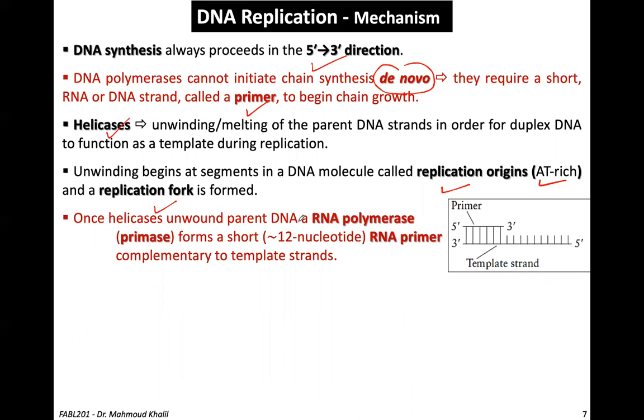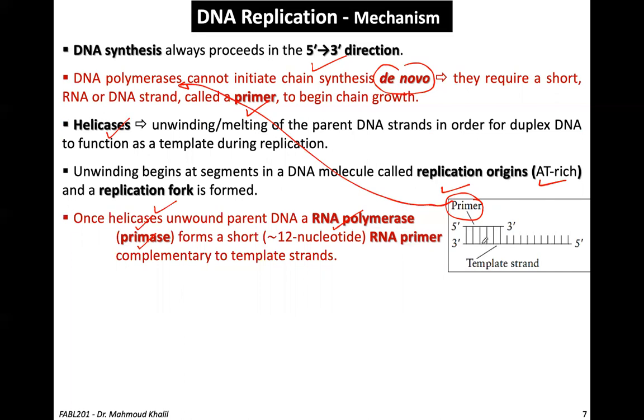So, as we said, a helicase will come and unwind the parent DNA, and an RNA polymerase, which is called a primase, will add a primer. As you can see, this is the primer. And what is the function of that primer? This primer will tell the DNA polymerase that this is the site of the replication origin.